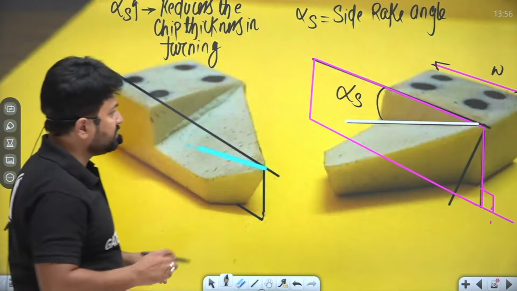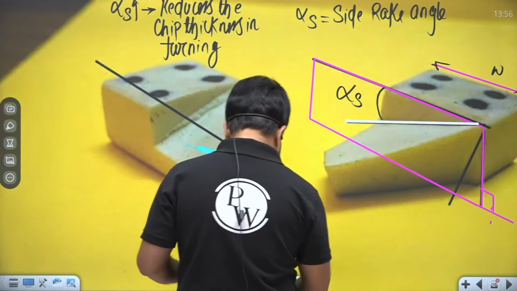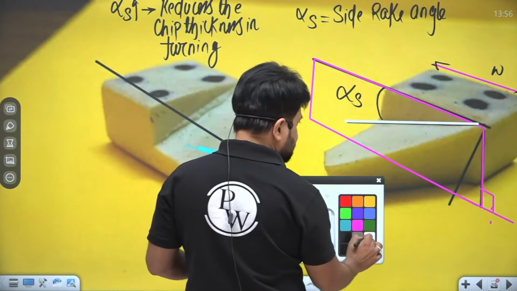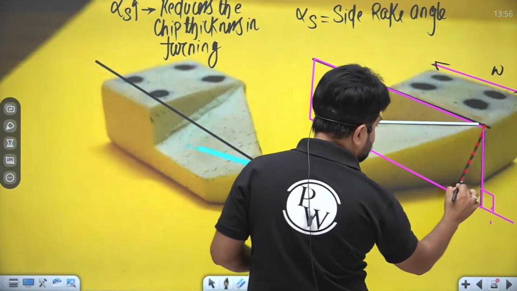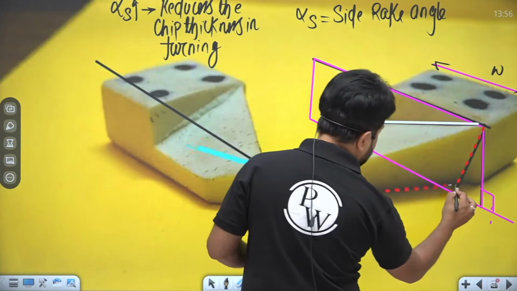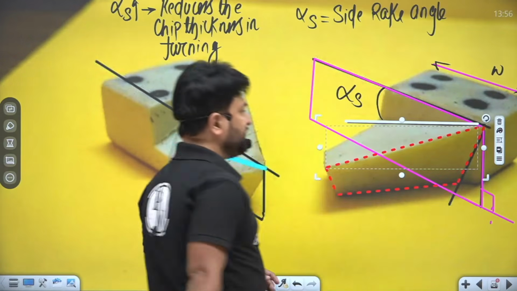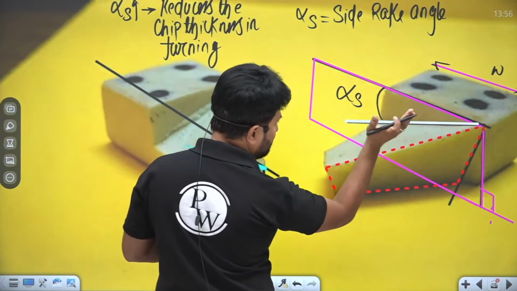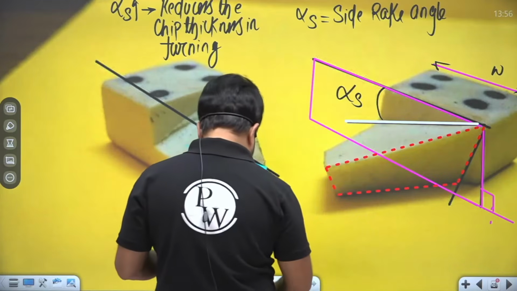Now here one more angle is remaining, my dear. Please see this side flank. This is a side flank. I hope you are able to see. Is it visible? Now this side flank is inclined.